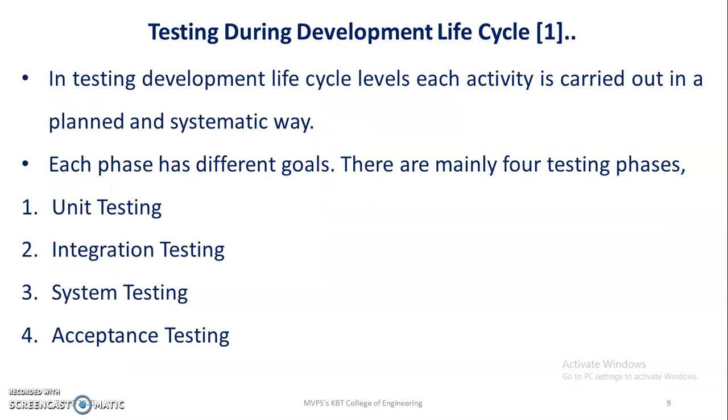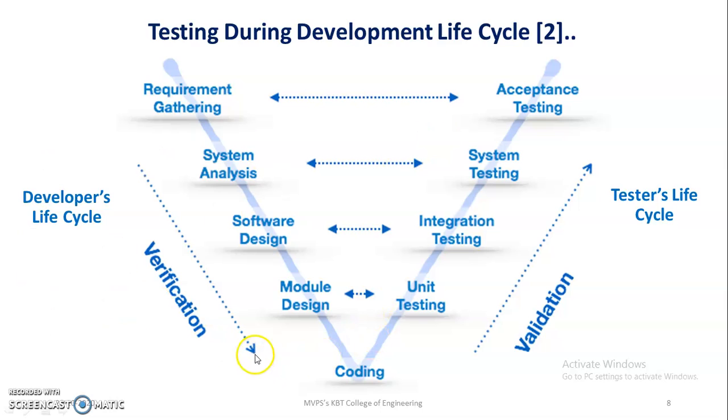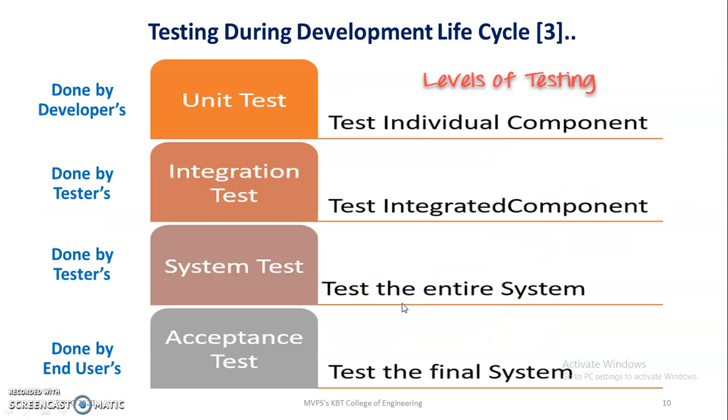That's why in this V model, the development phase, that is module design, and the validation phase, that is the tester life cycle, unit testing are in parallel. So the remembering point in unit testing is it is done by developers and tests individual components. That is the level of testing.